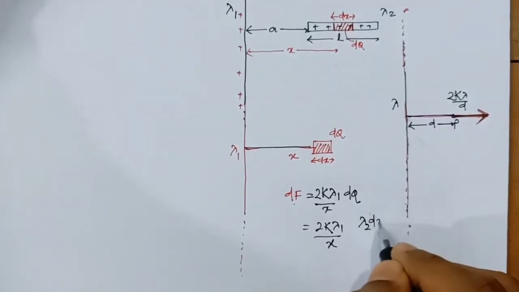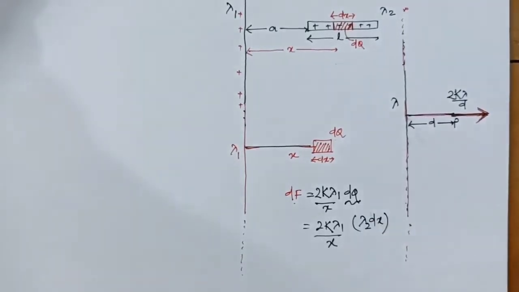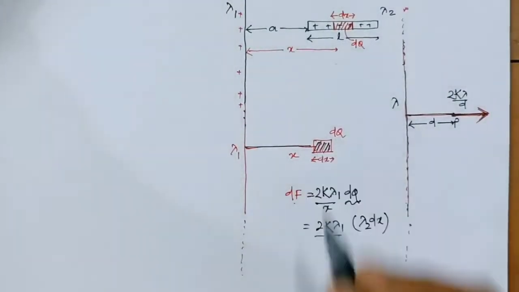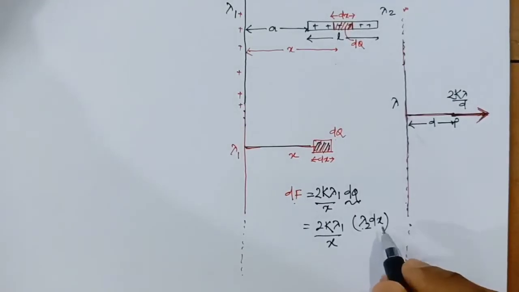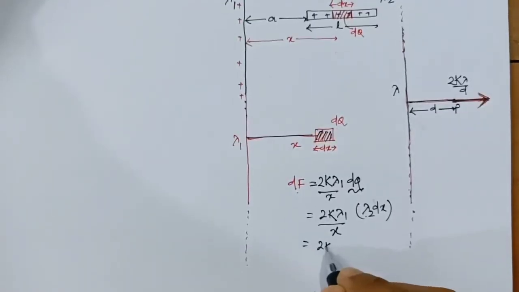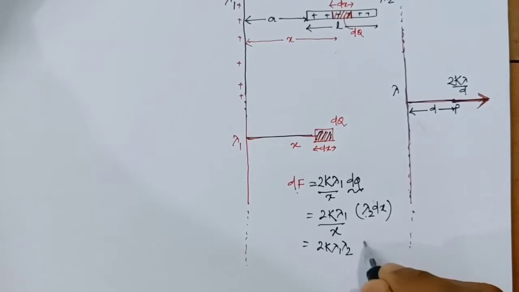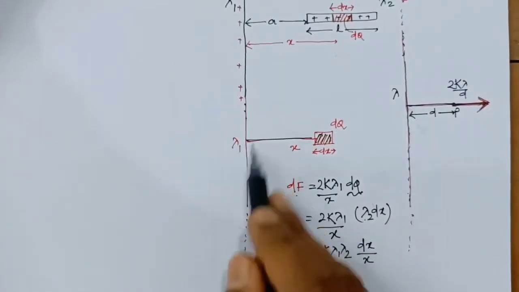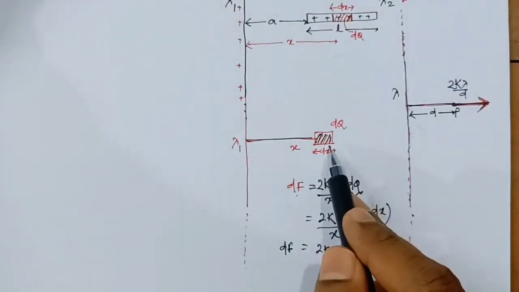Lambda 2 dx. For this small element, how much charge lies here? This can be written as lambda 2 dx. So dF is 2k lambda 1 lambda 2, dx upon x. This is the force due to this infinite rod on this small element.